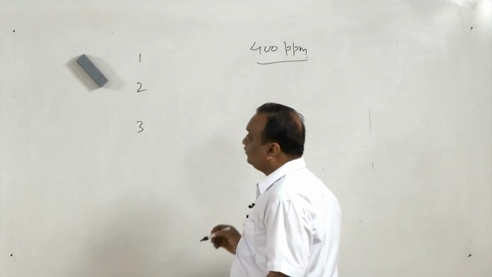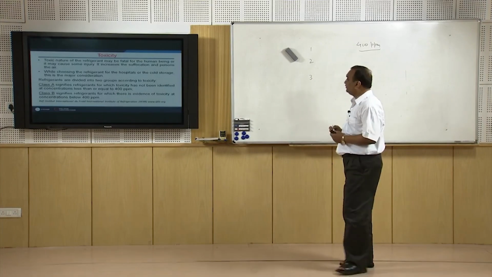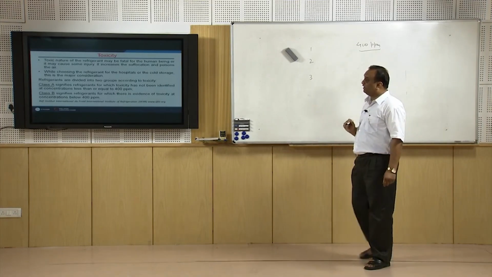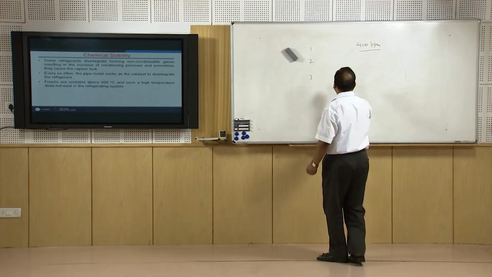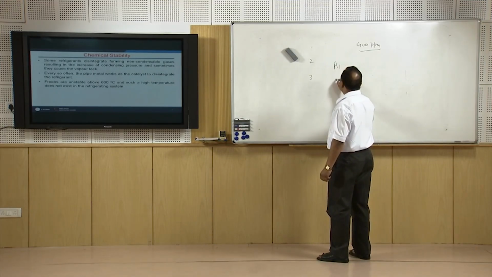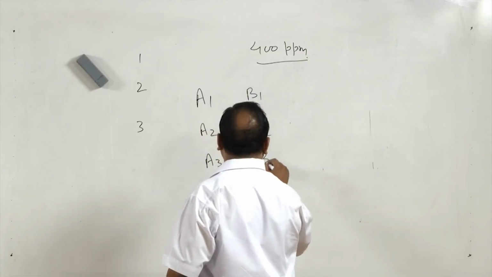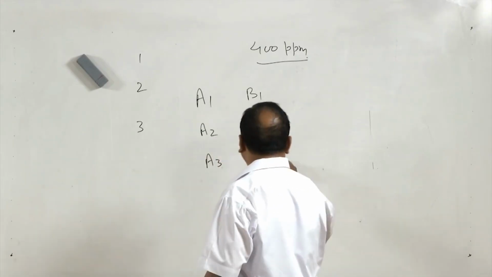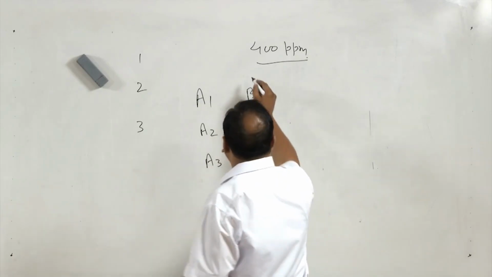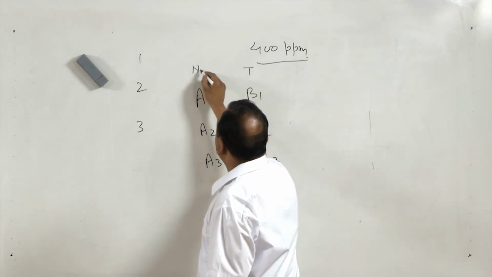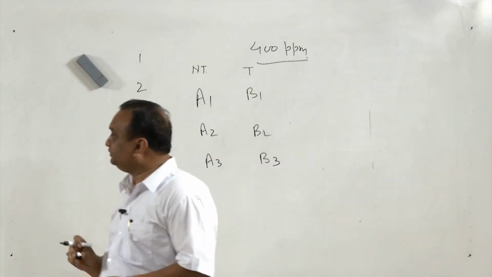If toxicity is observed below 400 ppm, it is class B. If toxicity is not observed below 400 ppm, then it is class A. So, toxicity and flammability combined classify the refrigerant as A1, A2, A3 or B1, B2, B3. Here B is toxic and A is non-toxic, and flammability is 1, 2, 3. I have already explained that.